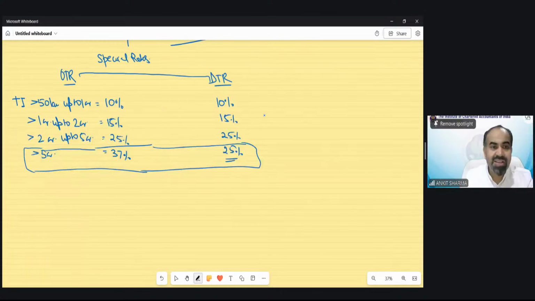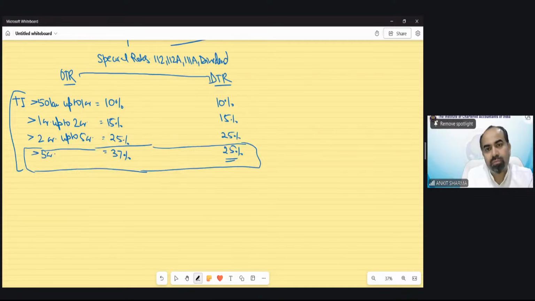So this surcharge concept is applicable when there is income on which slab rate has been given. But there are some special rates of income, that is section 112, 112A, 111A and dividend income. These are related to capital gain.